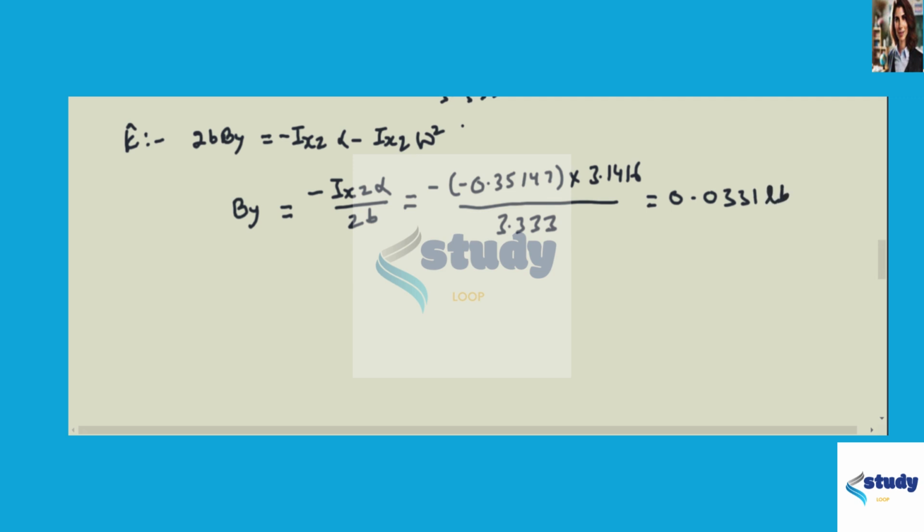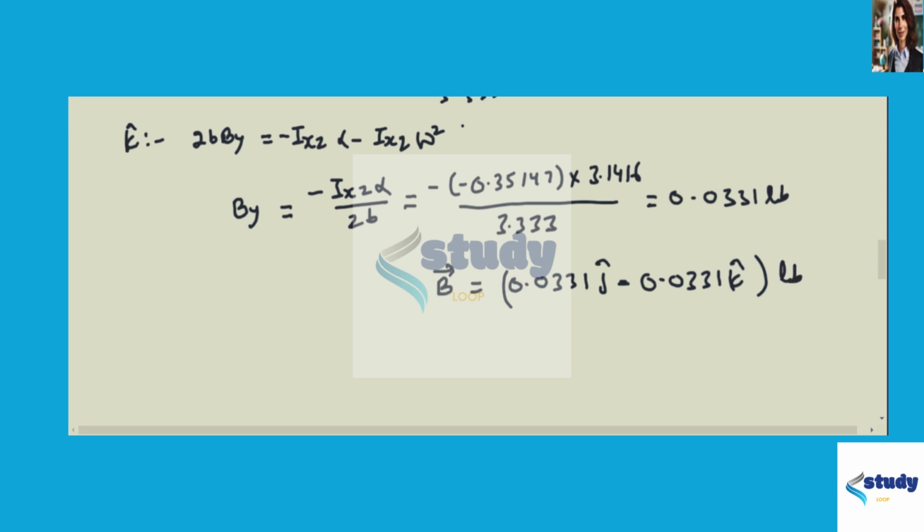pound. So we can write dynamic reaction at B point is 0.0331 j cap minus 0.0331 k cap pound.